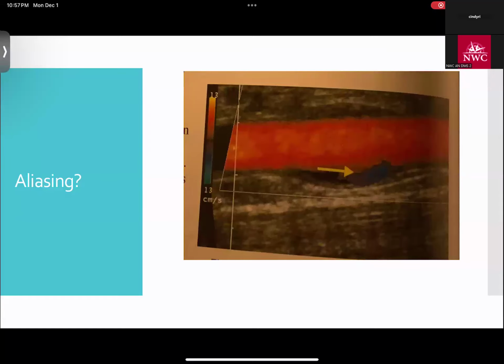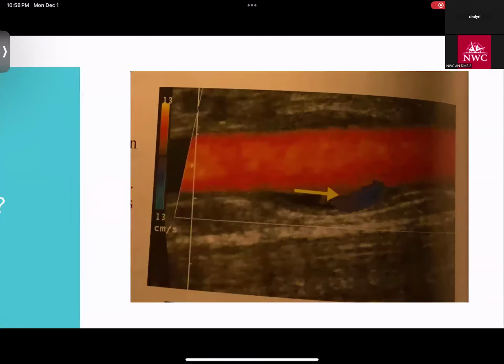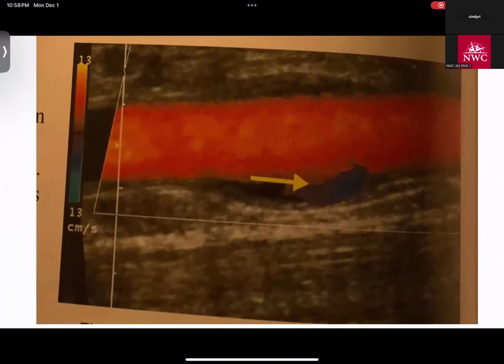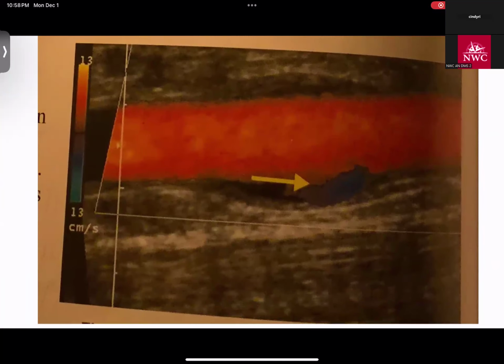I wanted you guys to look at a picture of this and tell me, is this considered color aliasing? So hopefully you answered no, because if you look at the way the colors are shifting, you have red, you have a thin line of black, and then you have blue. Exactly as it is on this part of the color map.